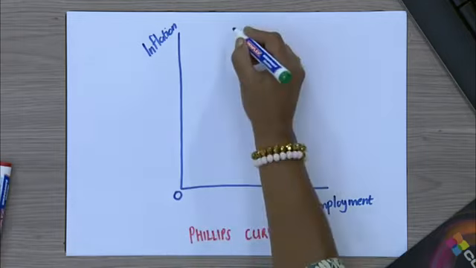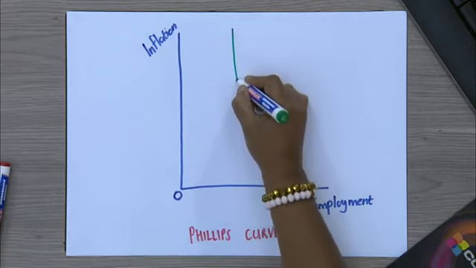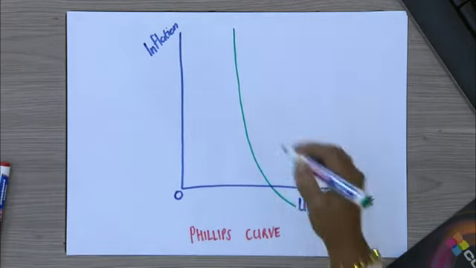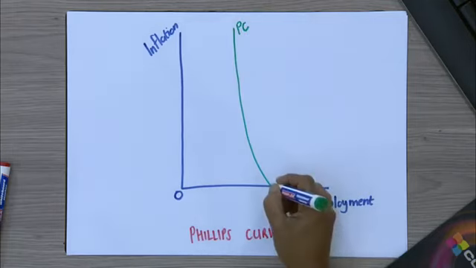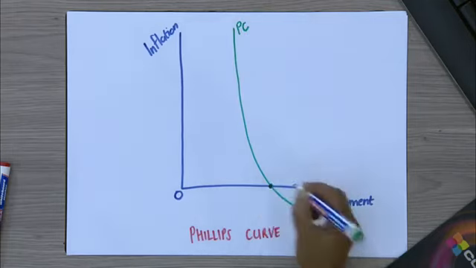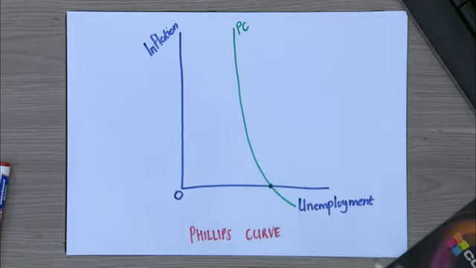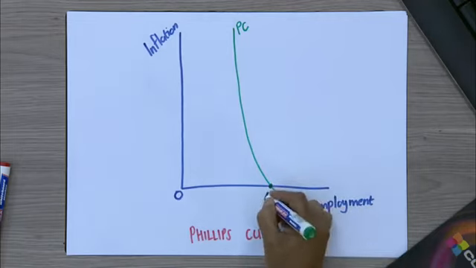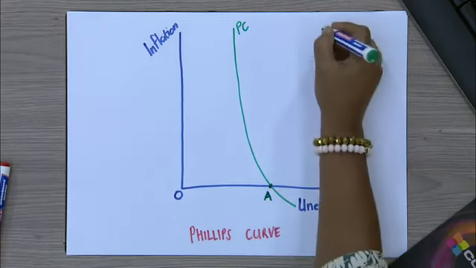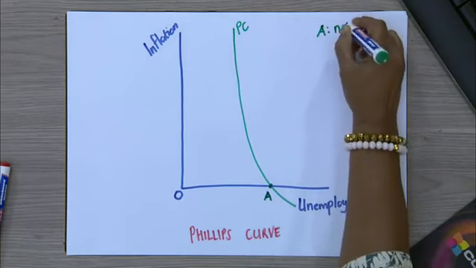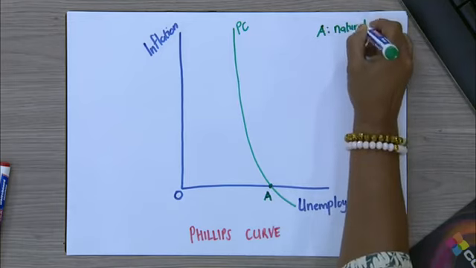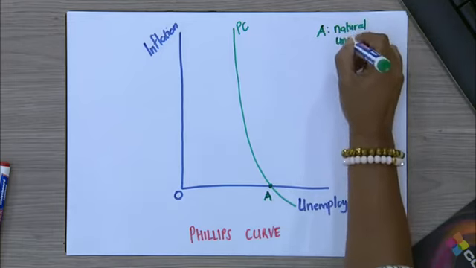And your Phillips curve would have this kind of shape, right? That's your Phillips curve. This point here, let's call that point A. So point A is what we refer to as natural unemployment.